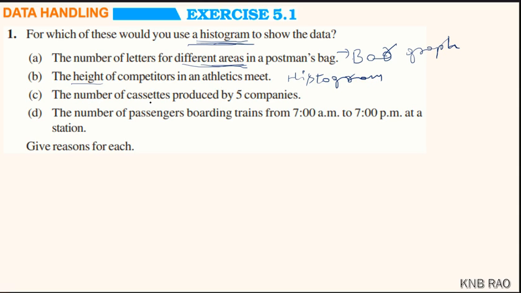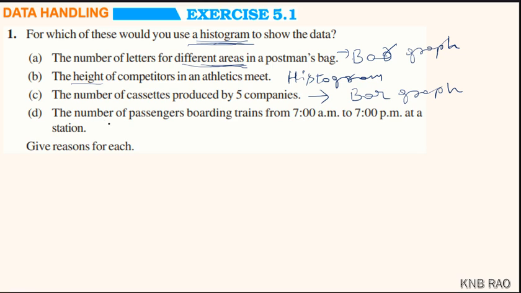Coming to C, the number of cassettes produced by 5 different companies. See, company names, again names, it's verbal data, so convenient for drawing a bar graph, not the histogram. If I am drawing a histogram, then there will be numerical data on the horizontal axis.